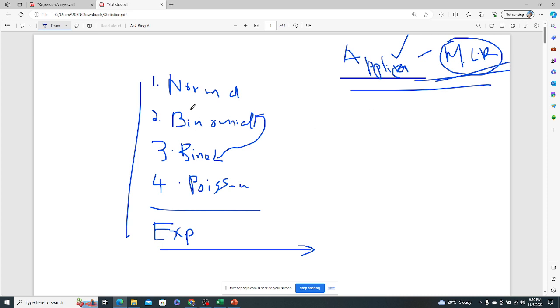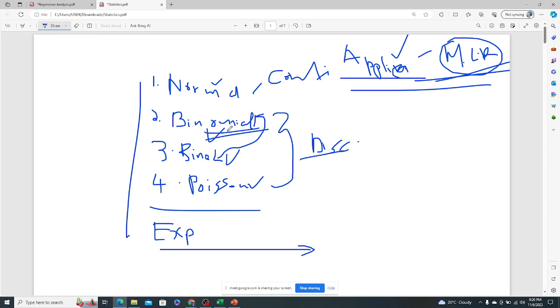So in this case, we'll discuss the normal distribution, binomial distribution, Bernoulli, and Poisson distribution. You will find that the binomial, Bernoulli and Poisson are discrete distributions, while the normal is a continuous distribution. Meaning here we are talking about the number of events happening.